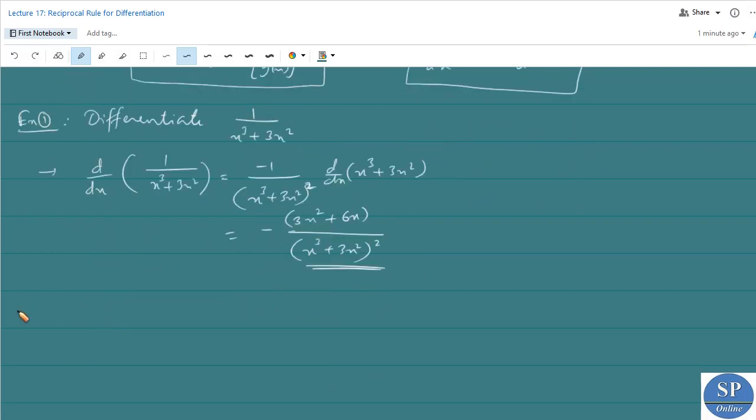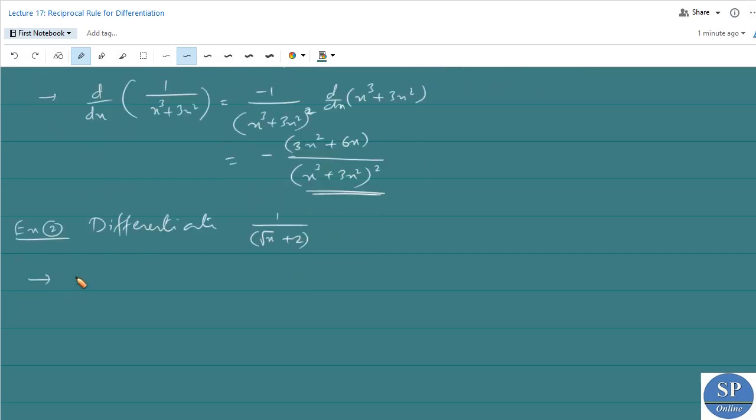Next one, differentiate 1 by square root of x plus 2. This is nothing but d by dx of 1 by square root of x plus 2 is equal to negative 1 by u square. This is d by dx of 1 by u is equal to negative 1 by u square, that is root x plus 2 whole square, into d by dx of u, that is u is root x plus 2.